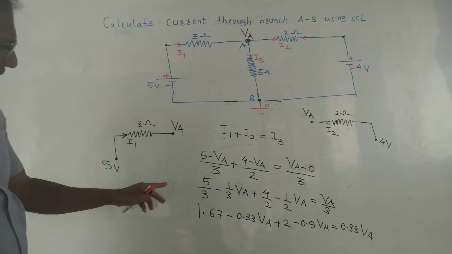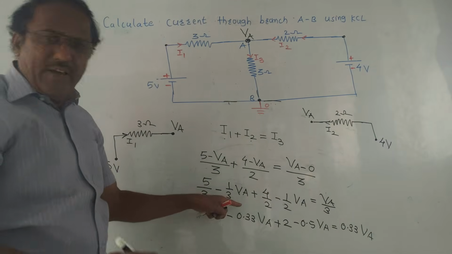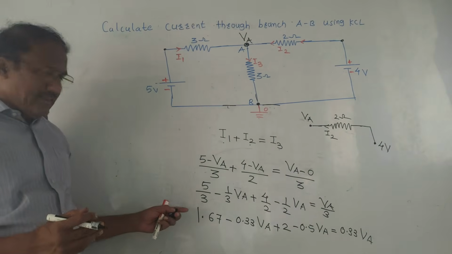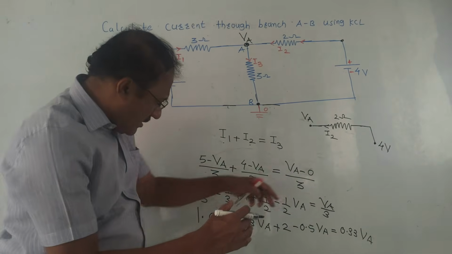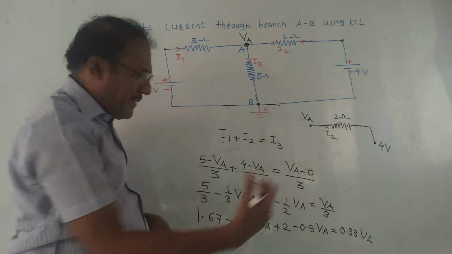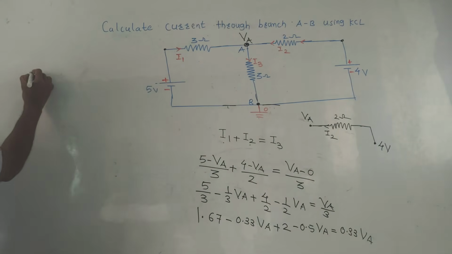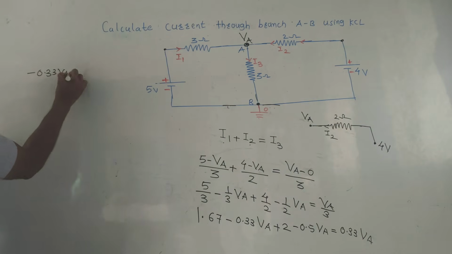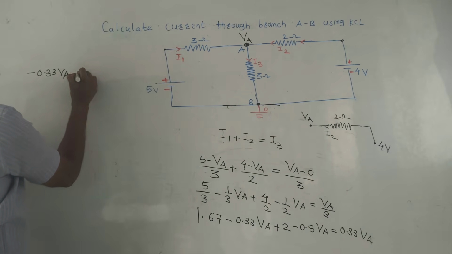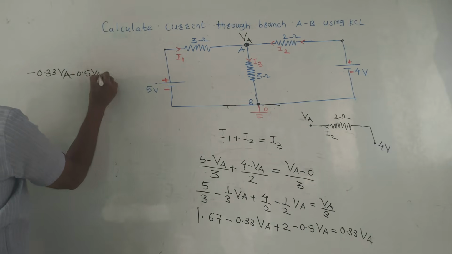Remaining part is simple. You just have to simplify this equation. Now the next part is I have to arrange the equation such that VA will be on the LHS and constants will be on the RHS. So let us rearrange the equation like this. It is minus 0.33 VA, that is this term I have taken, minus 0.5 VA.